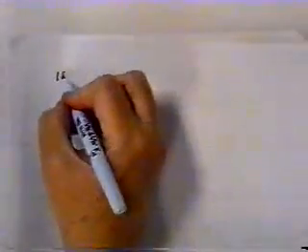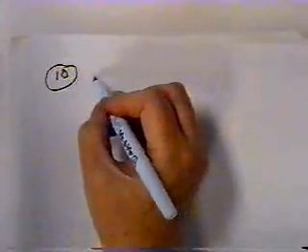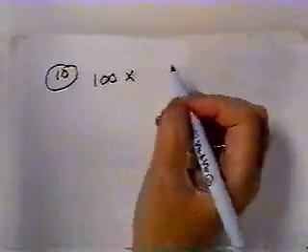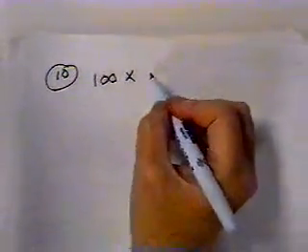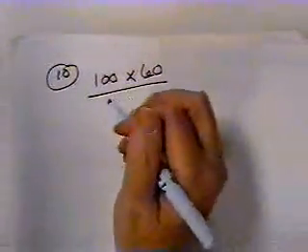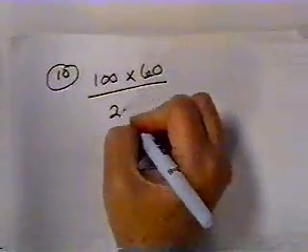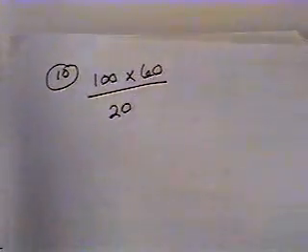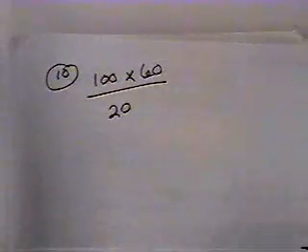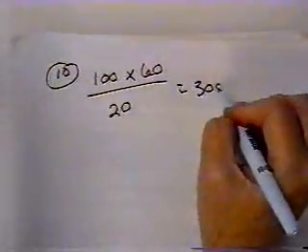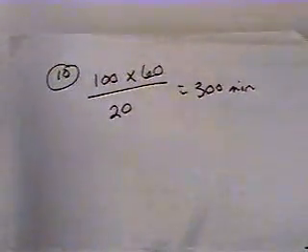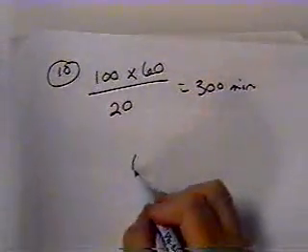Okay, number 10. It's still milliliters times the drop factor. Instead of dividing by minutes, though, we divide by drops per minute. But this answer is minutes.